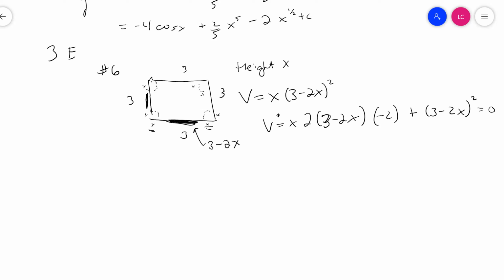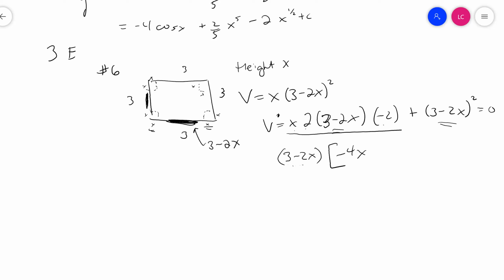Now I want you to be smart and think about it. Don't go just plowing through and multiplying everything out. I see that there's a common 3 minus 2x term. So if I factor that out, factoring it out of this term gives me a negative 4x. This negative 2 and a 2 and an x.